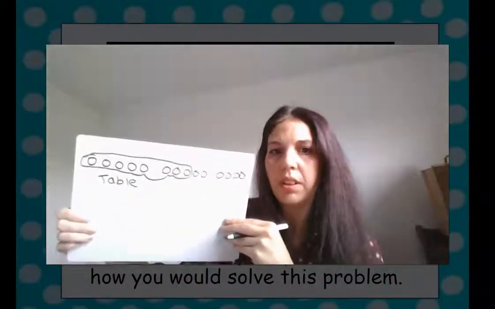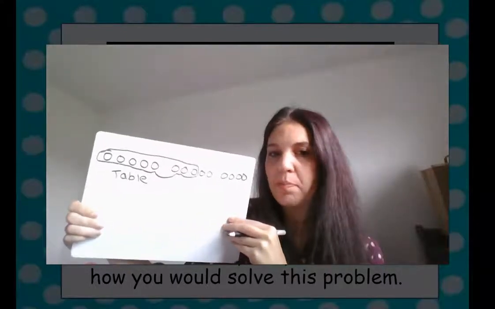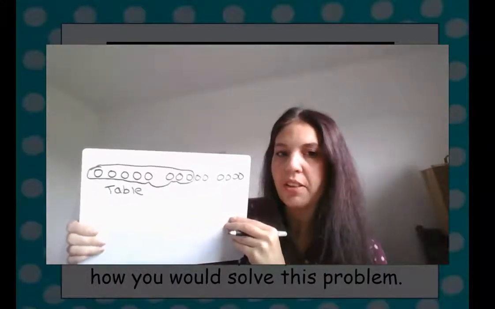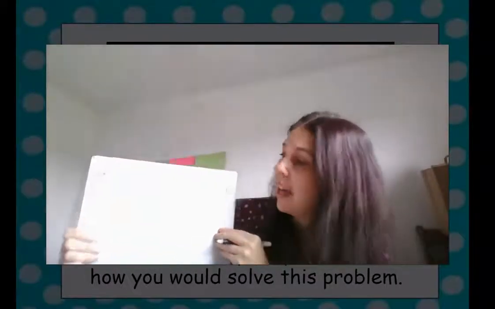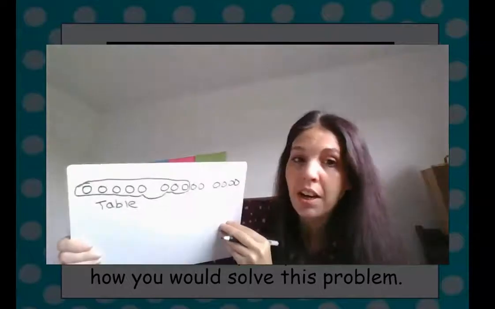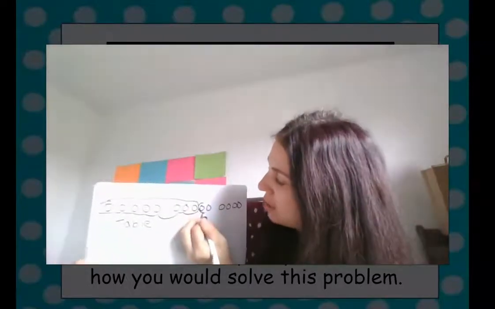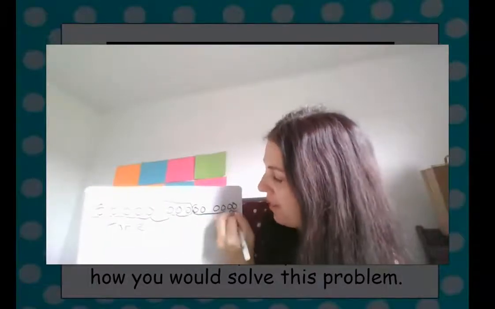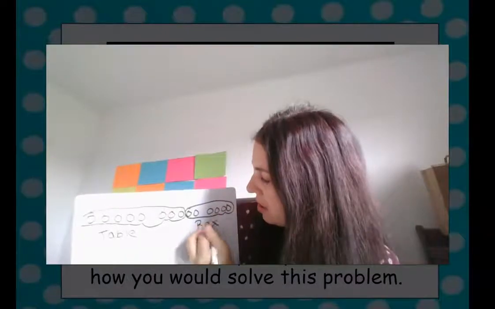We want to label our picture. That's part of drawing a picture, is that you should label it so you know what your picture means. Now we have to see how many are still in the box. Let's see. 1, 2, 3, 4, 5, 6 are in the box.